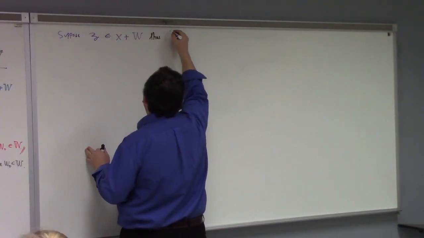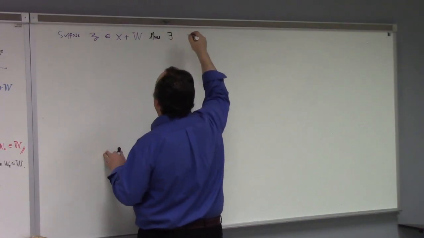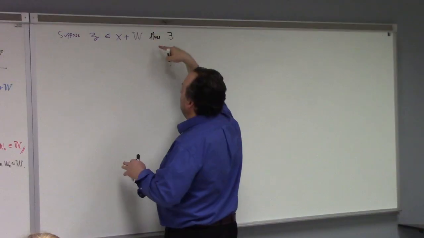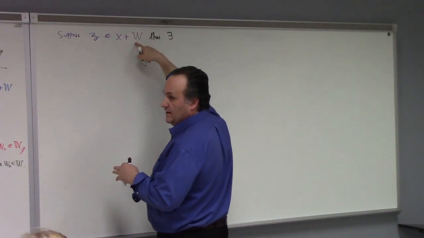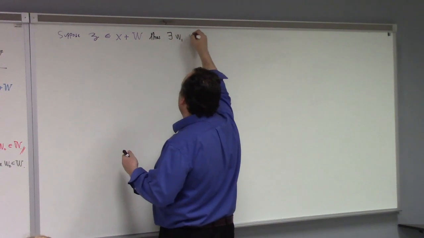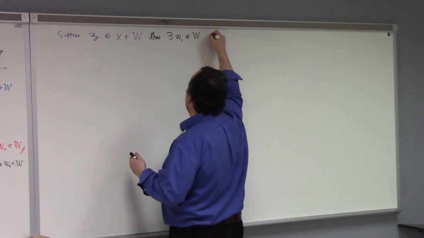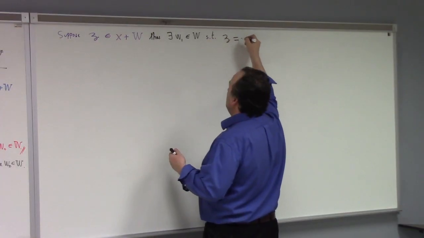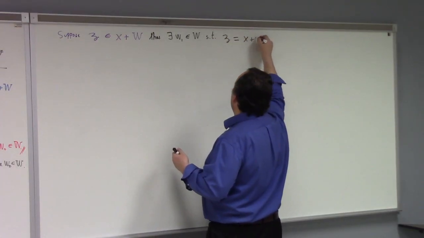Okay, so that means what? Thus, there is something in here, right? Let's use a different letter, w1. There's a w1 in W such that z equals x plus w1, right?